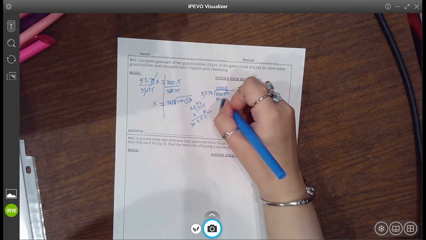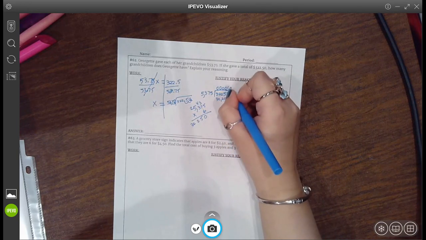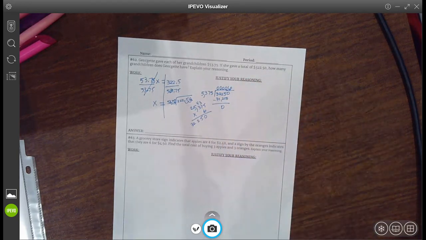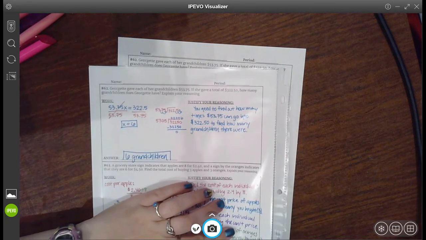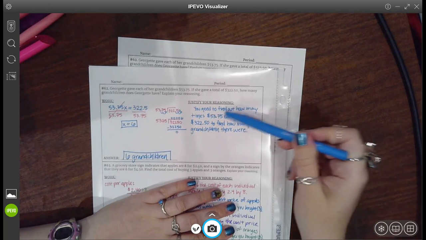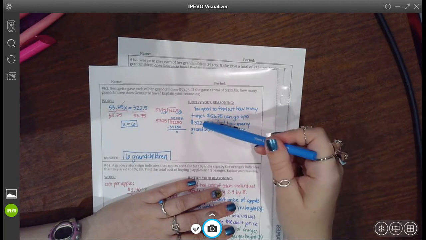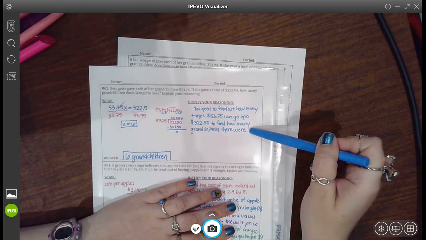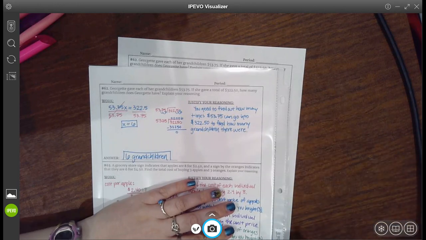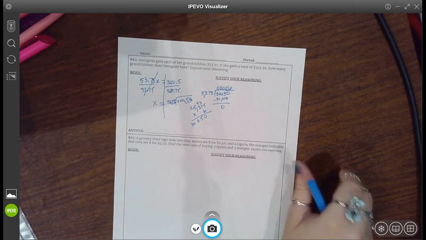And look at that. It goes in exactly perfectly if I multiply by 6. So that means that she had 6 grandchildren. Okay, so you need to find out how many times 5375 can go into this amount to find out how many grandchildren there were.